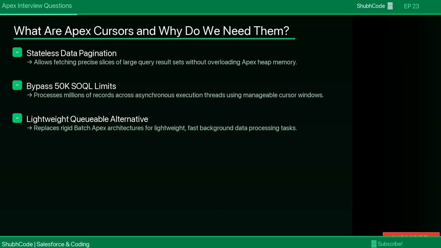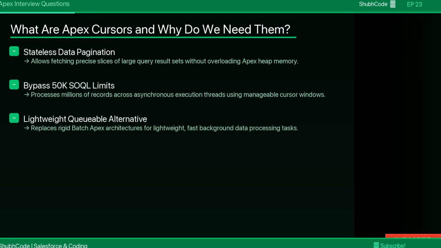When processing high-volume datasets in Salesforce Apex, standard SOQL queries hit heap limits quickly because all results load into memory at once. Traditionally, developers relied on batch Apex with query locators to process records in chunks, but batch Apex carries heavy queue overhead and rigid orchestration.